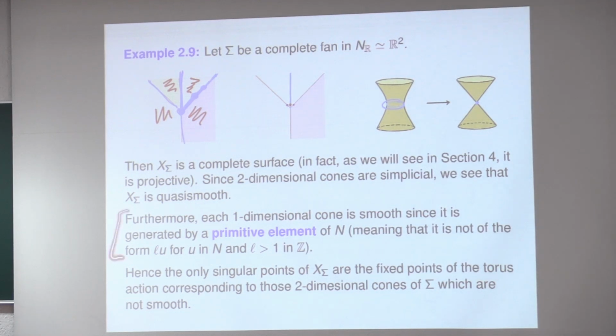So these one-dimensional cones are smooth, and the singularities can happen only at the points for which the corresponding cone is not smooth. For the one that we have drawn, the only bad one is this one. This gives us a singular point, and everywhere else that variety is smooth, and this one is completely smooth.